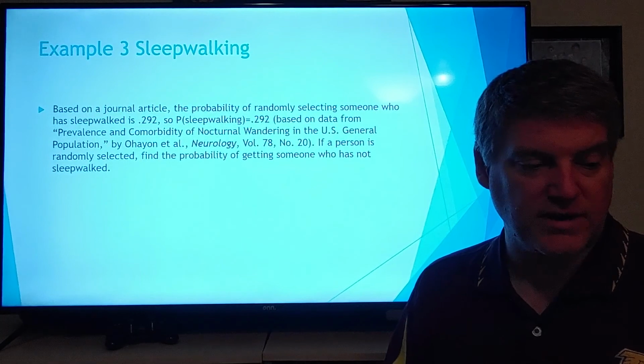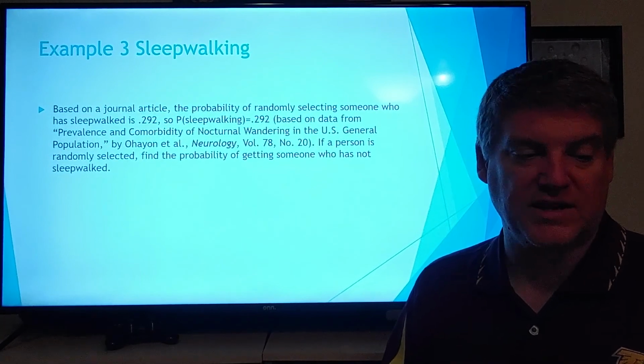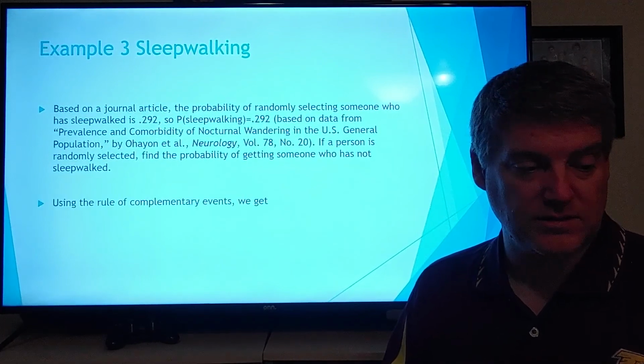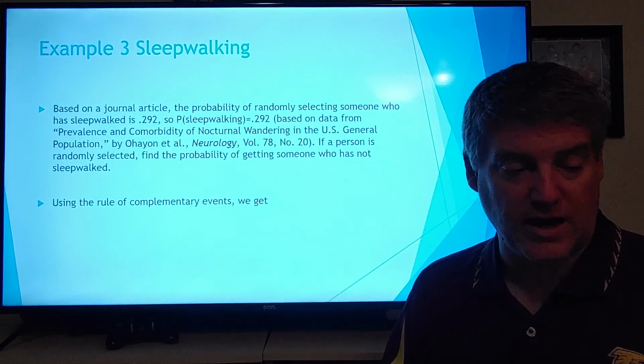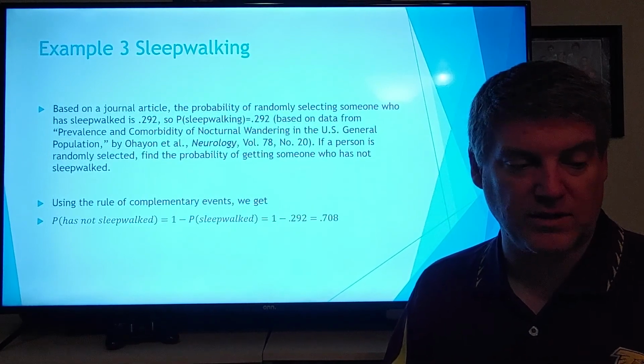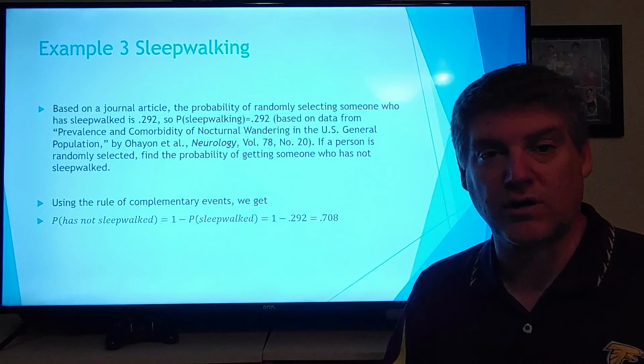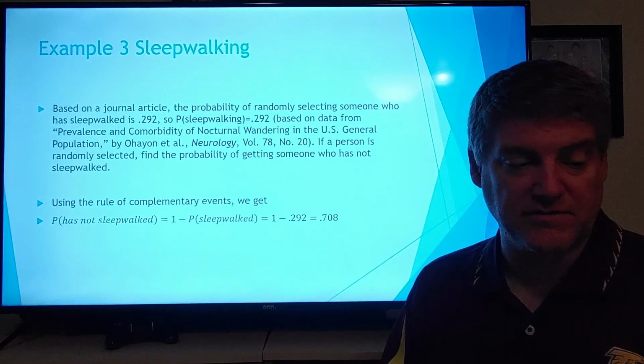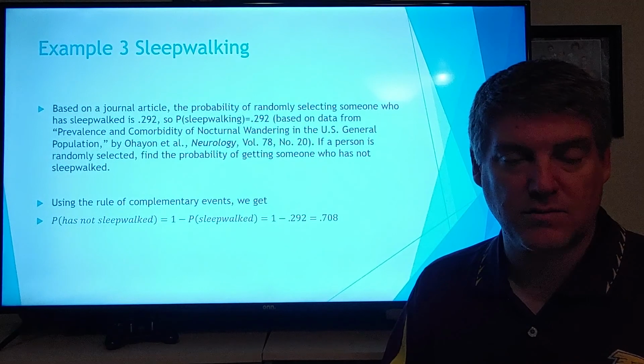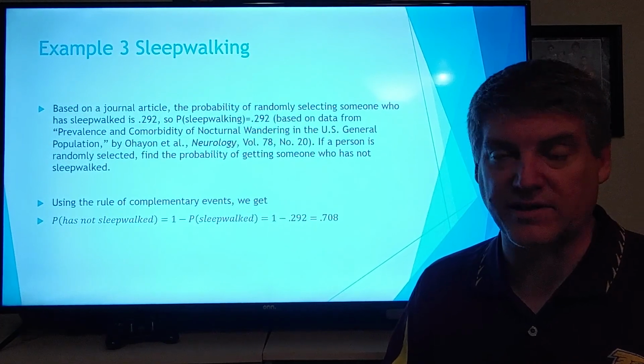If a person is randomly selected, find the probability of getting someone who has not sleepwalked. Using the rule of complementary events, the probability of not sleepwalking is equal to 1 minus the probability of sleepwalking, or 1 minus 0.292, which is 0.708.